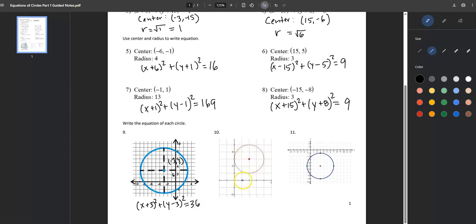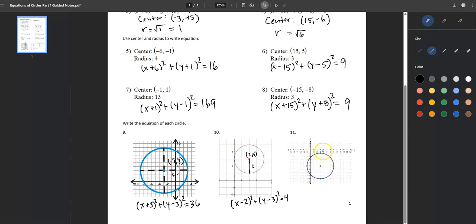Same thing here. This has been moved over 2 and up 3. So this point is at 2, 3, and we have a radius of 2. So that would be x minus 2 squared plus y minus 3 squared equals 4. And then one more example.